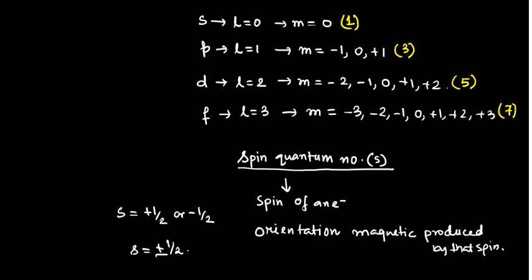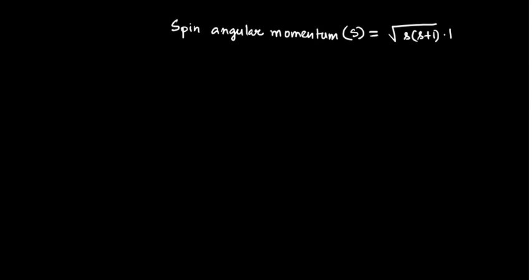And from this value of s, we can also find the spin angular momentum. The spin angular momentum is designated by capital S. It is nothing but root over of s into s plus 1, times h by 2 pi. So s means the value of the spin quantum number.